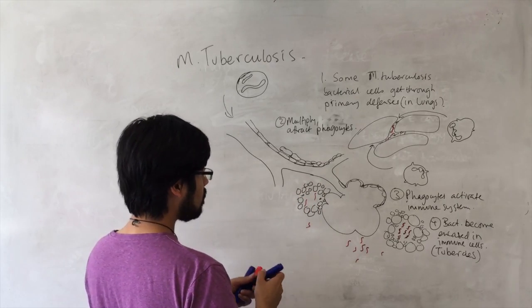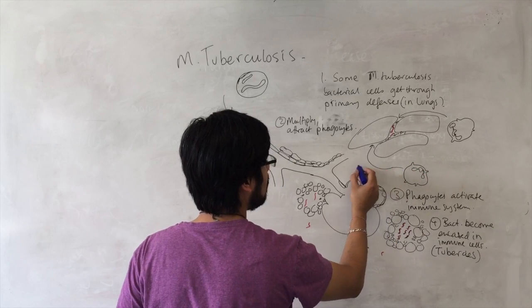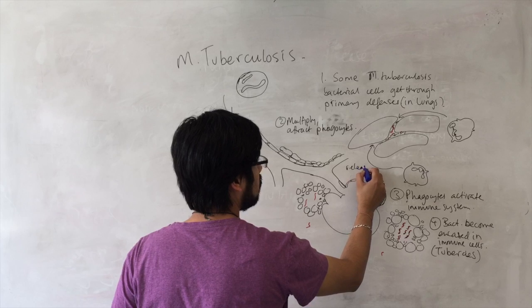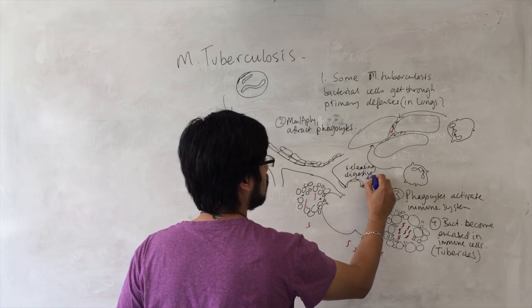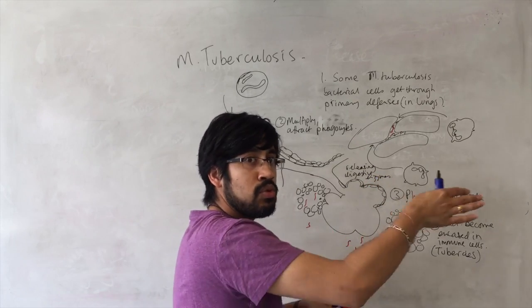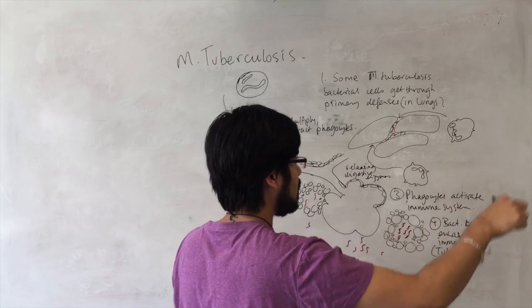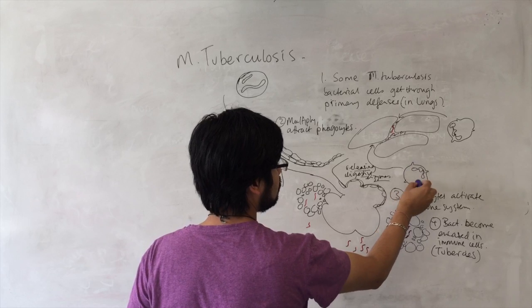And secondly, these phagocytes, when they're moving, remember, and we've done this before, they are releasing their digestive enzymes in order to cut a way through the tissue to get to the bacteria.